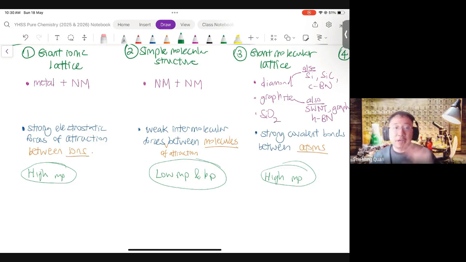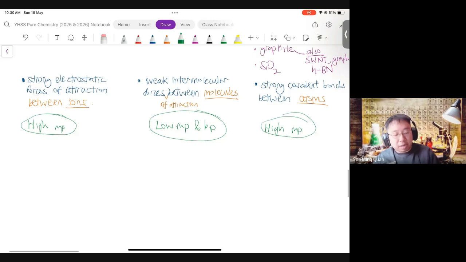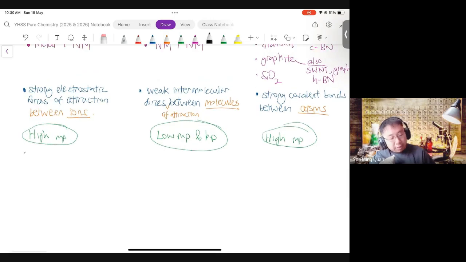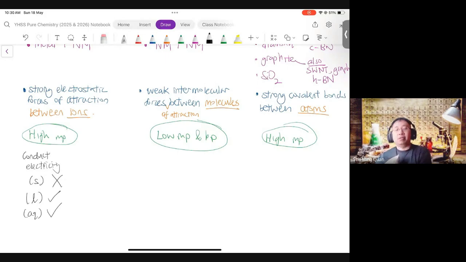Now we have solved the melting points, after which we need to go through electrical conductivity. So again, you summarize. Electrical conductivity, what did we learn? For the ionic compound, for example, conduct electricity: solid state, no. Molten, aqueous, yes. Simple. Whereas for simple molecular, they do not conduct at all, in all states.